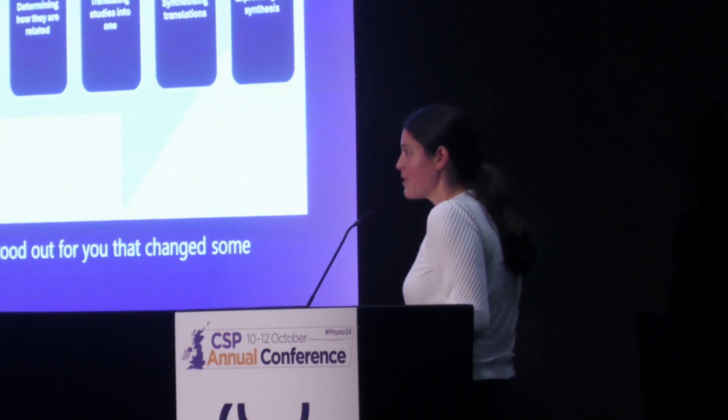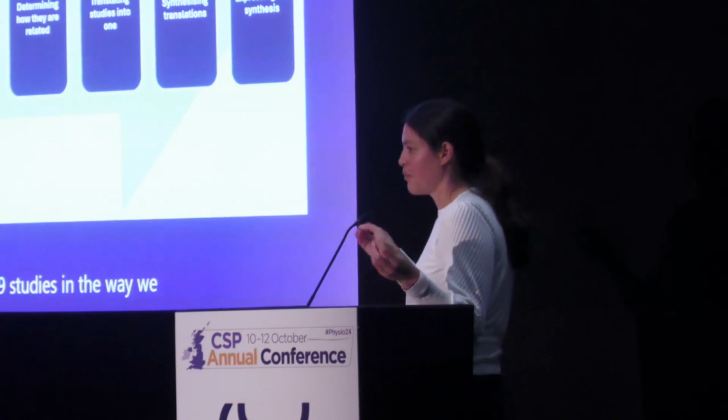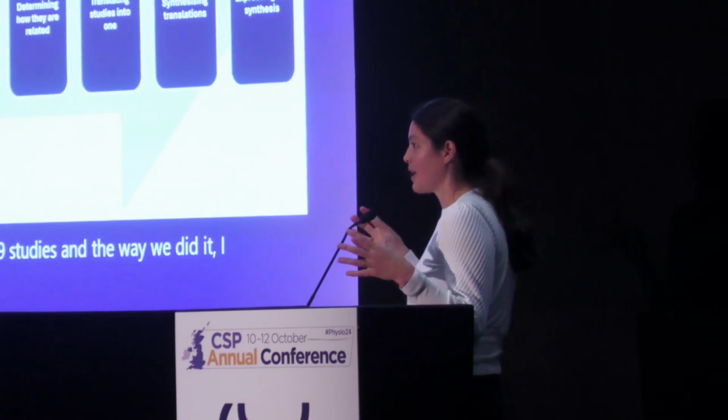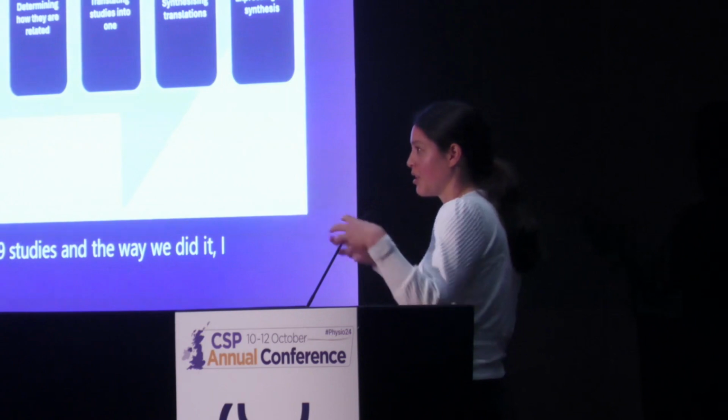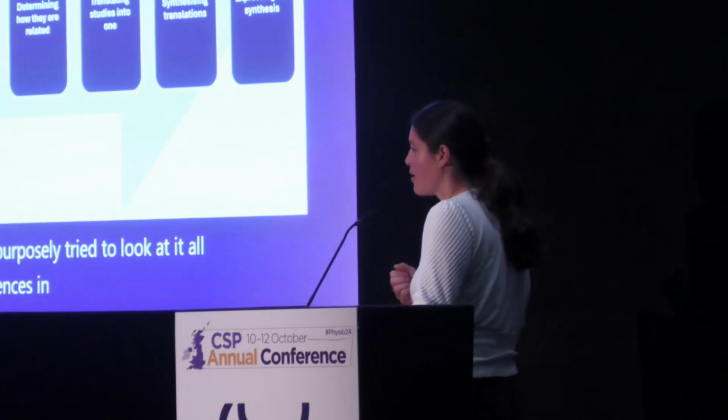Because there were only 9 studies, and the way we did it, I didn't pull out specific differences. I purposely tried to look at it all without seeing the differences in where the narrative was coming from.